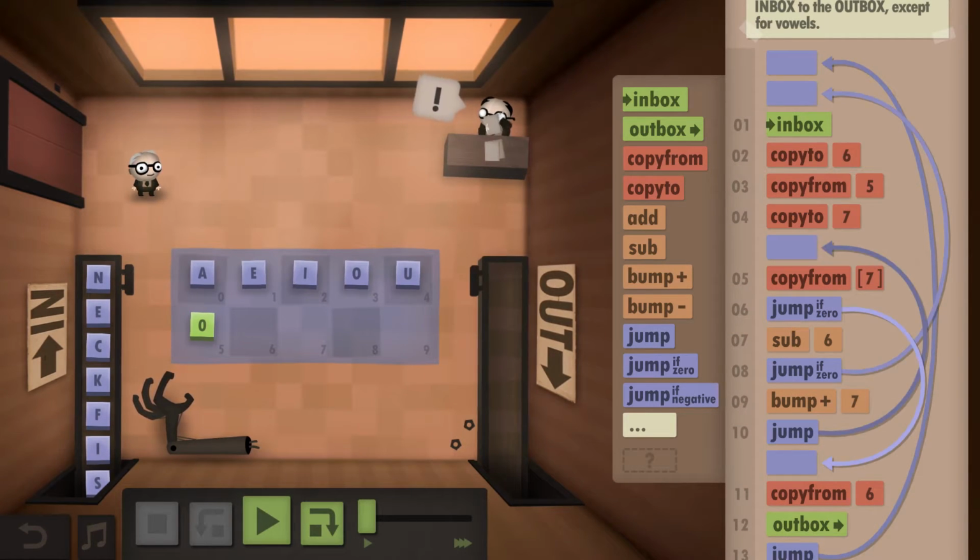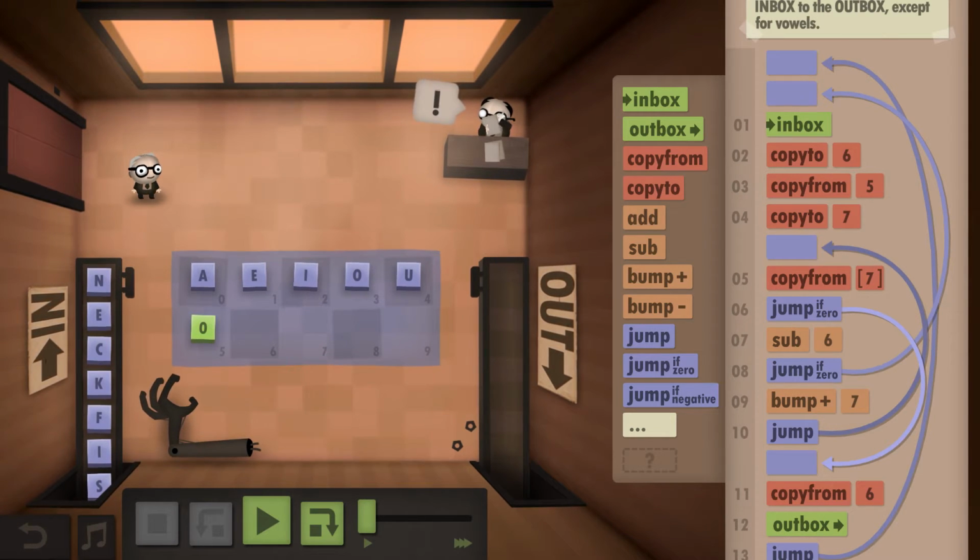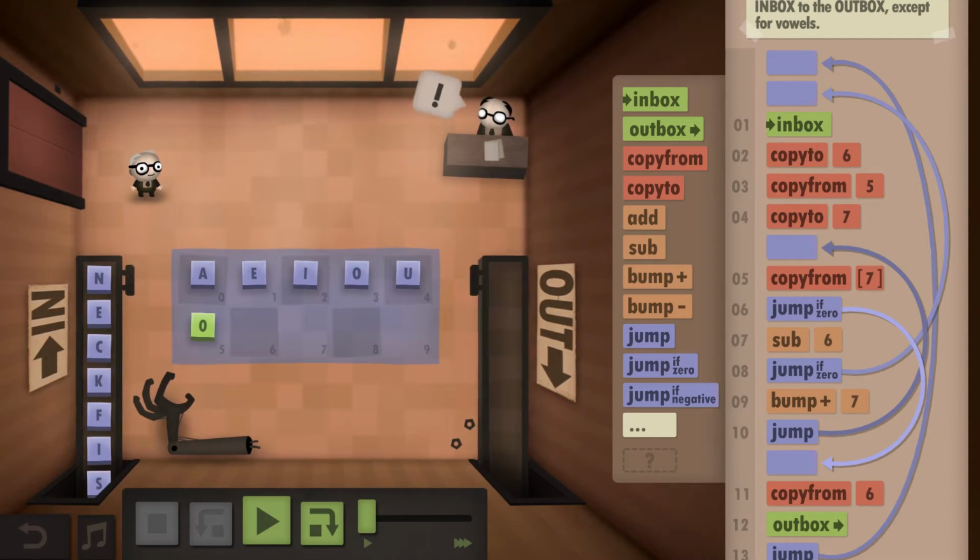I think. So we're storing the letter here. We have the string index here. We're doing this like the zero terminated string method like we did before for the other assignment.